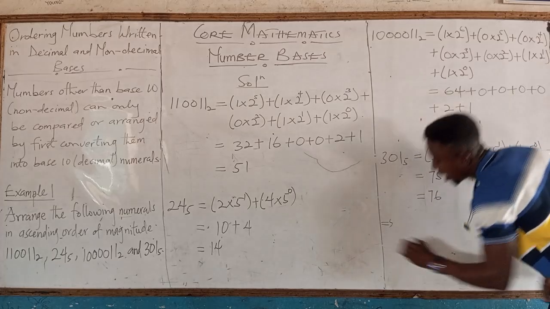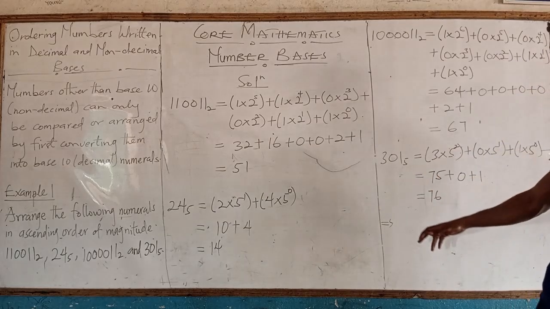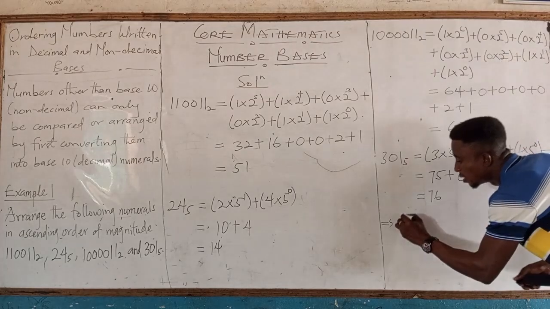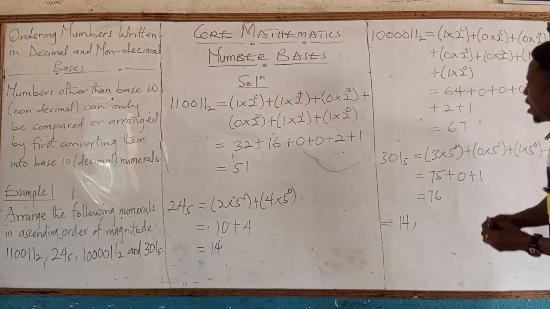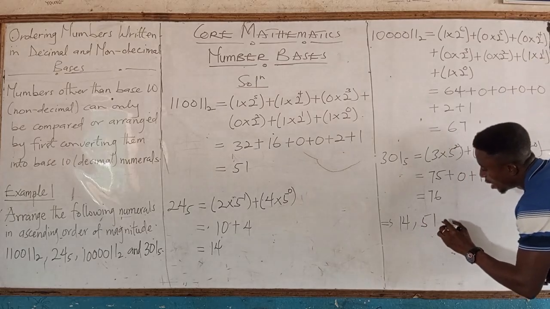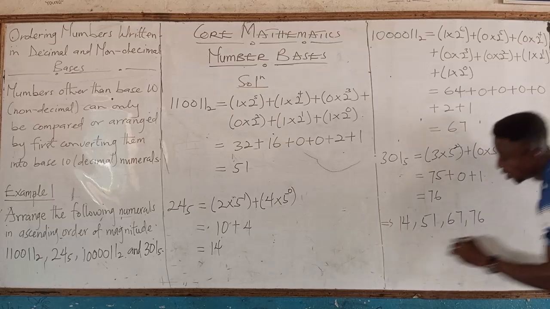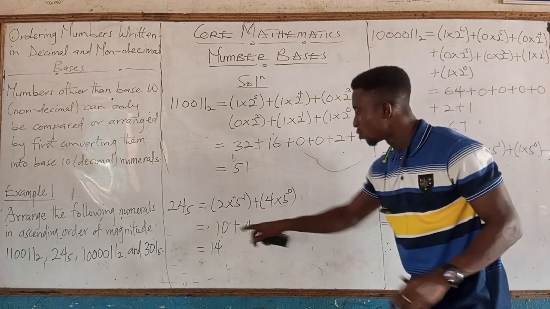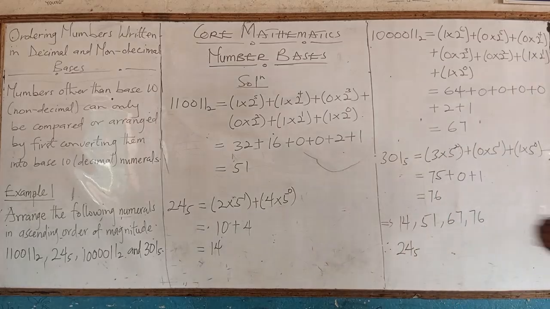So this implies that they are now in base 10, and I can arrange the numbers. So I have what? 14, then followed by 51, then 67, then lastly 76. So therefore, we have the 14 corresponds to 2, 4 base 5.